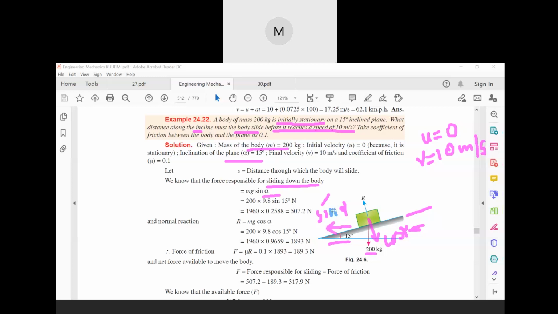Because of this sin only, it is moving in this direction, no? So that is why mg sin alpha. Now we know m, we know g, we know sin alpha. Alpha is 15 degrees. So this one we got.